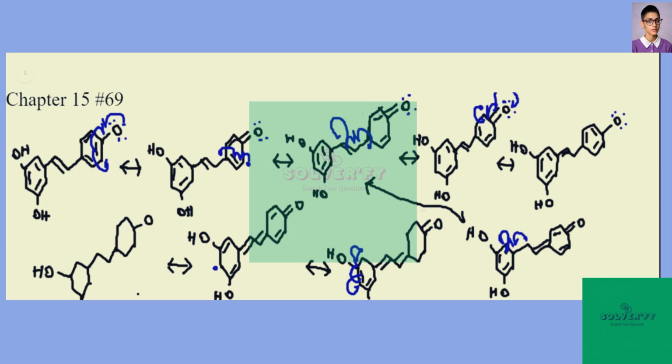And then lastly, we can move it one more time by doing this. That will give us this structure with the unpaired electron right here. Okay, so that's the 9 resonance structures that we can draw here.